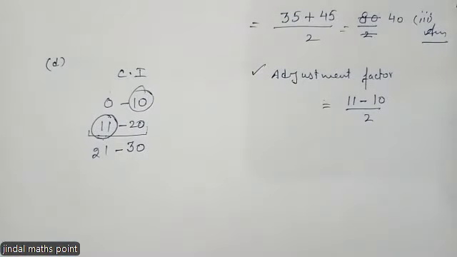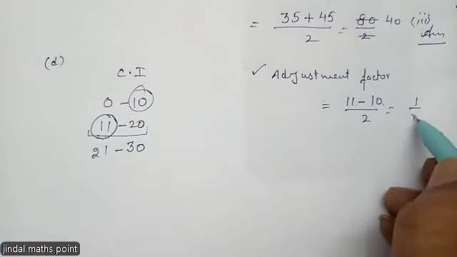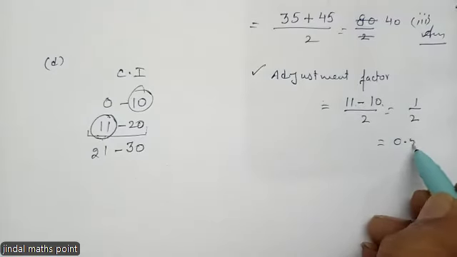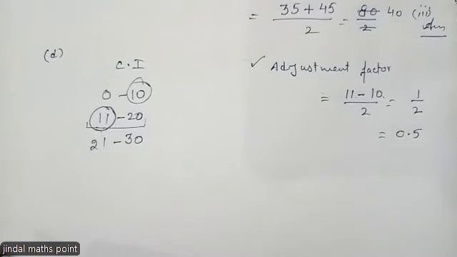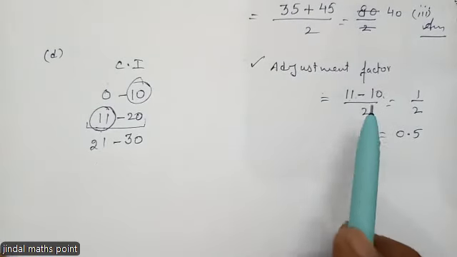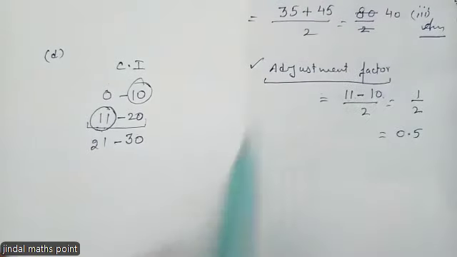In this way, we can find the adjustment factor. 11 minus 10 is 1, by 2, we get 0.5. Evelyn, understood? How we can find the adjustment factor?